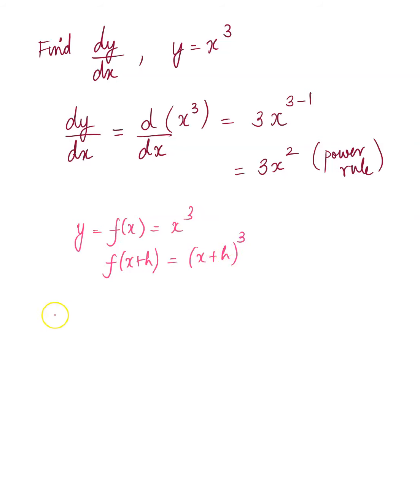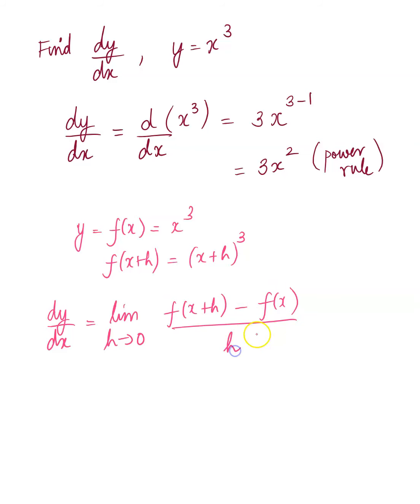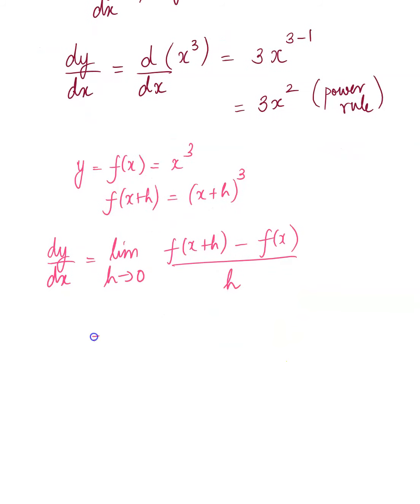And so if we wanted to find dy over dx, it will be the same as limit h approaches 0, f of x plus h minus f of x all over h, isn't it? And this is what we would have done if not for the rule.